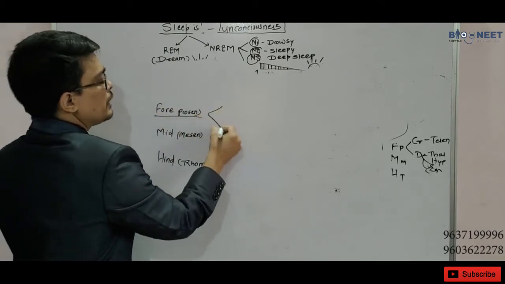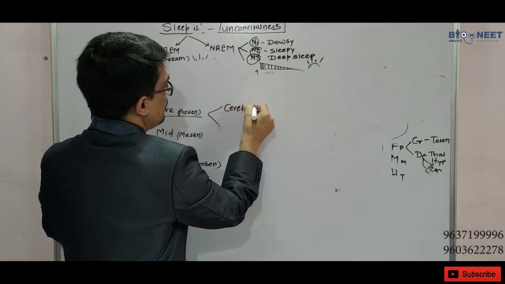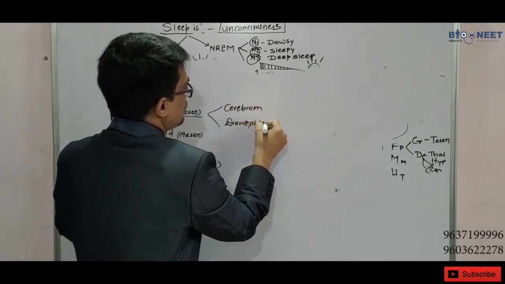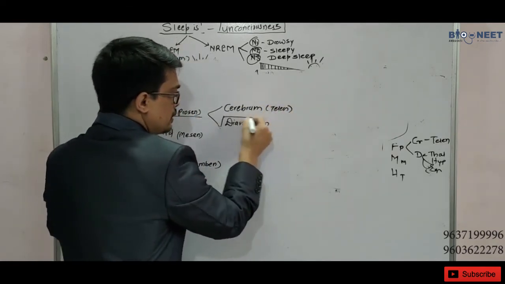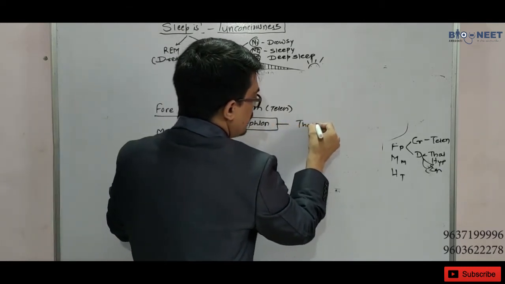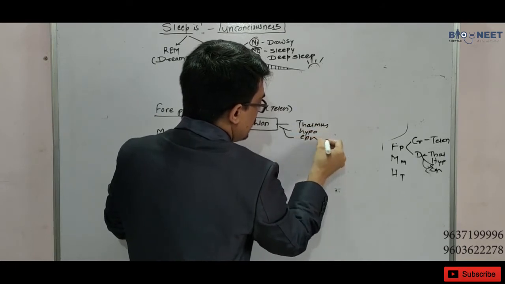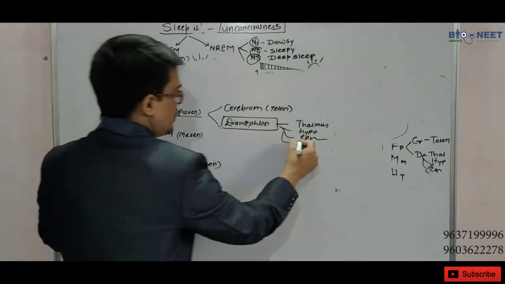This forebrain is again divided into cerebrum and diencephalon. Cerebrum is also called telencephalon, and the diencephalon has the thalamic nuclei, hypothalamic nuclei, epithalamic nuclei, and subthalamic nuclei.